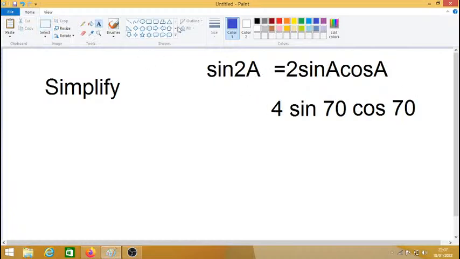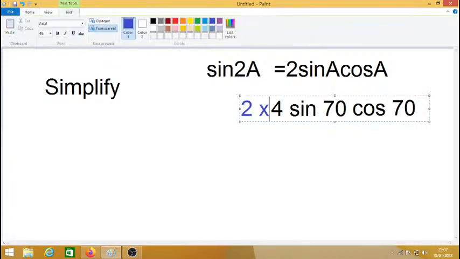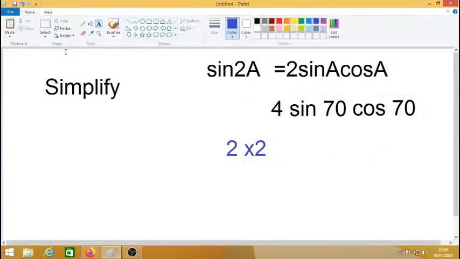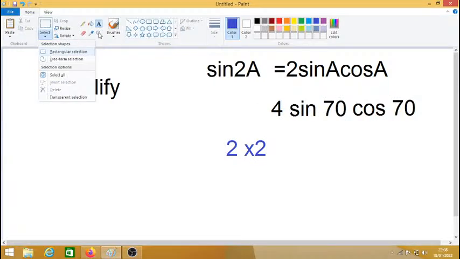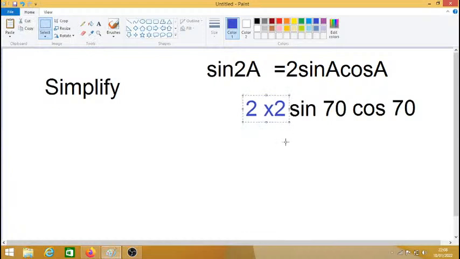So I probably just want to change that. The 4 is really 2 times 2, and that can be written in brackets if you want. So let's just replace the 4 with 2 times 2. Now I've got the 2 matching, so I can put brackets here and here, and the times sign again can disappear.